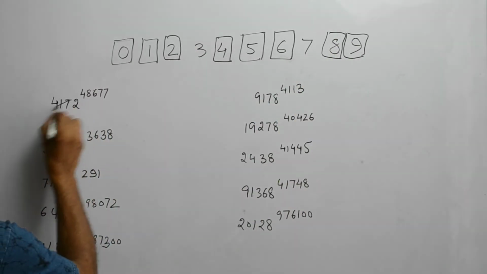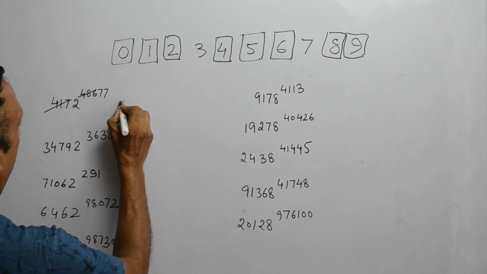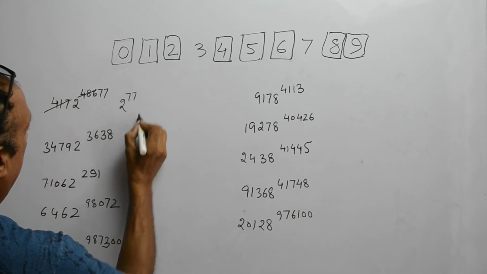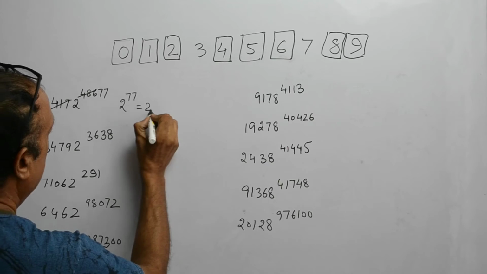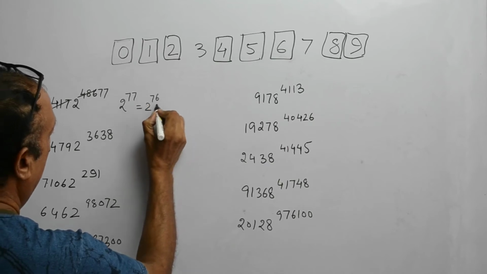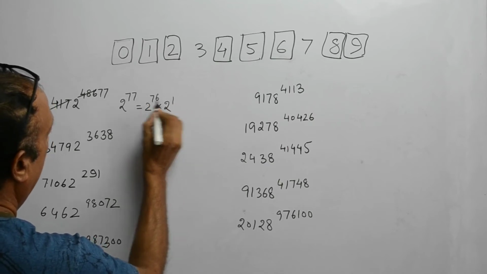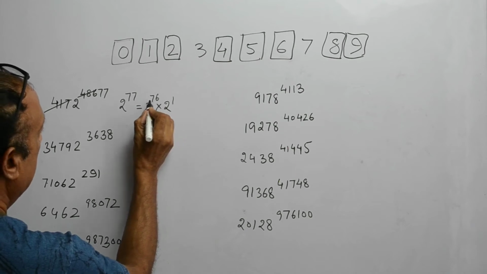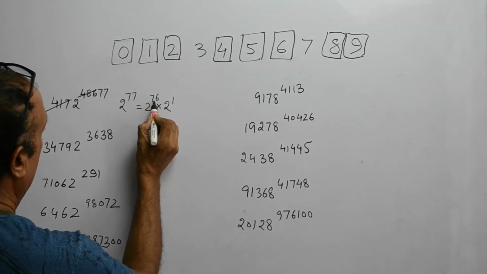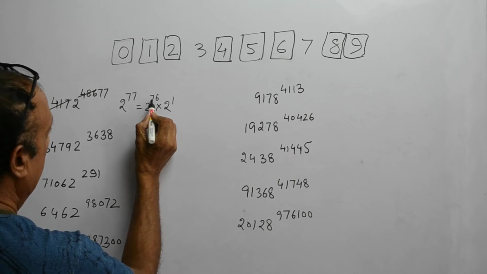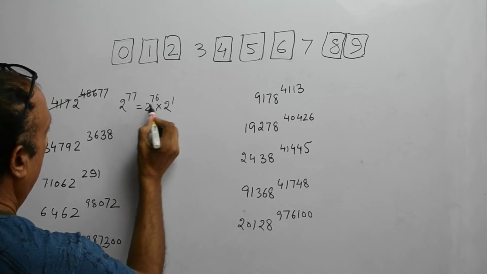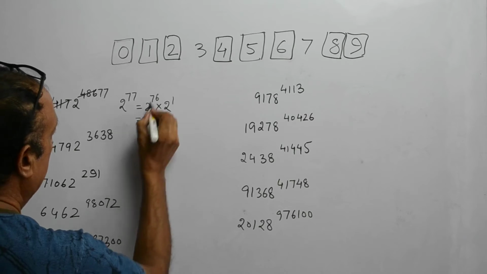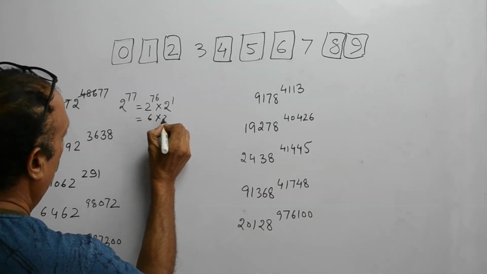In case of 2, we need to find out the value of 2 raised to power 77, which is equal to 2 raised to power 76 into 2 raised to power 1. Out of this 77, we have taken out the maximum number which is divisible by 4. 76 is divisible by 4, so this will give us a 6 multiplied by 2.